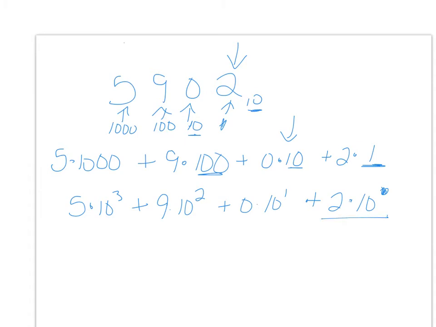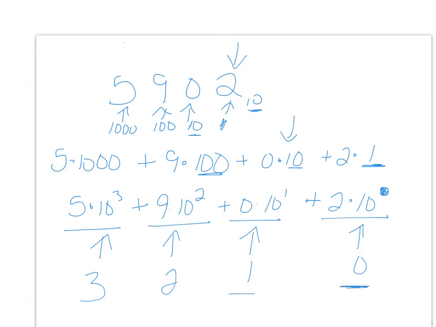Here I'm raised to the 0 power. Here's first power, second, third. It's the position that you're in. And in computer programming, our positions always start with 0. So if I'm in this first position, I'm at the 0 spot. Second position is 1, 2, 3, 4, 5 as we move on.